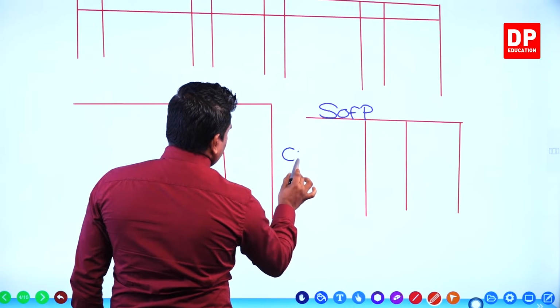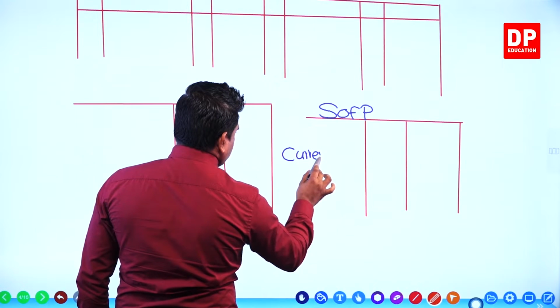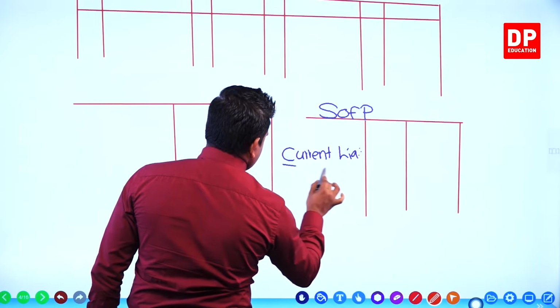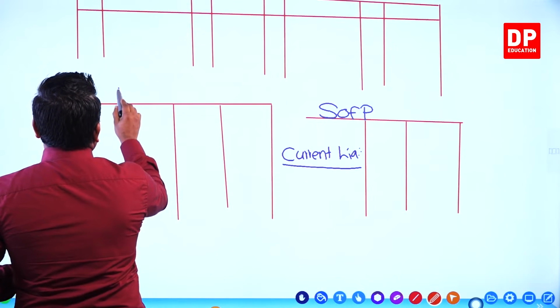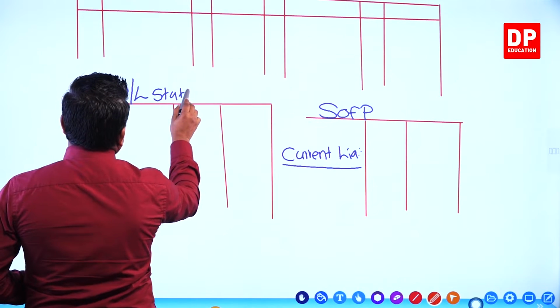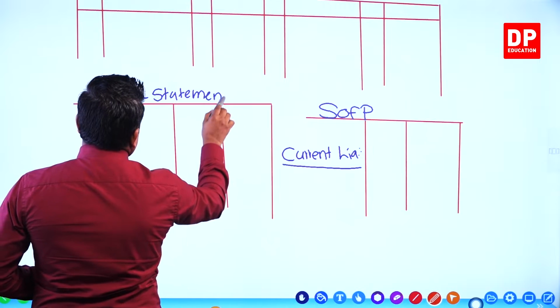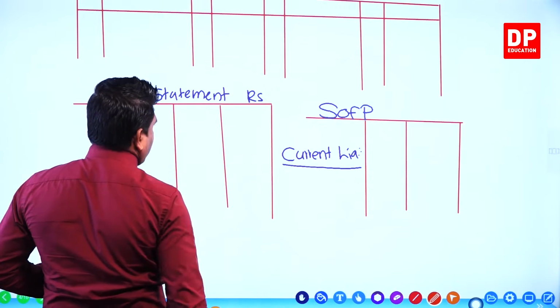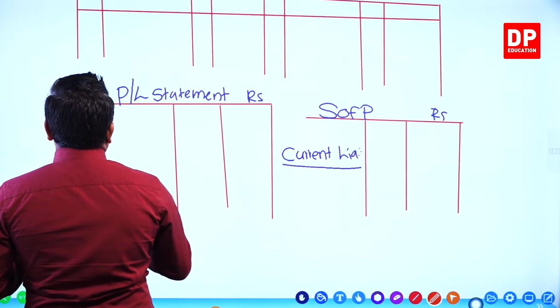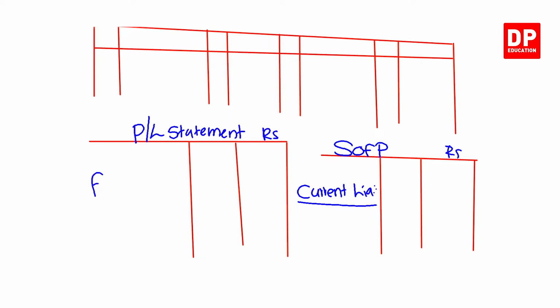Here we need only the current liability area, right? That's why we write current liability. Underline. Here profit and loss statement. Remember, everything inside we write rupees, right? Then you know the bank loan interest, it comes under the financial expense category.